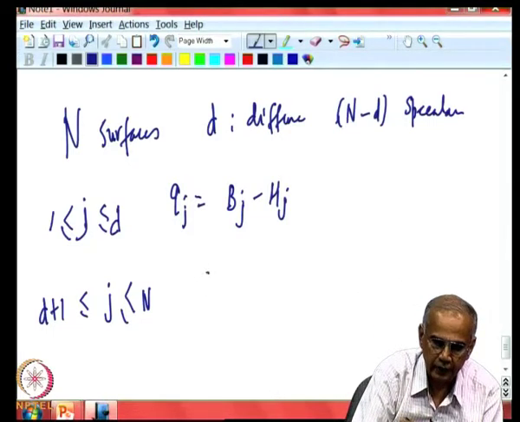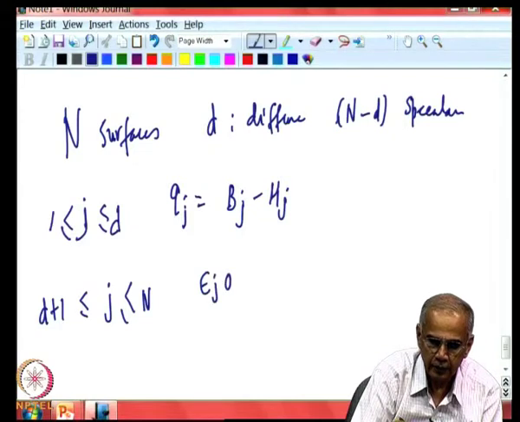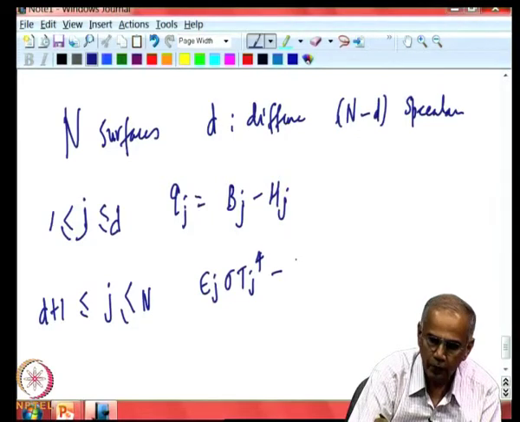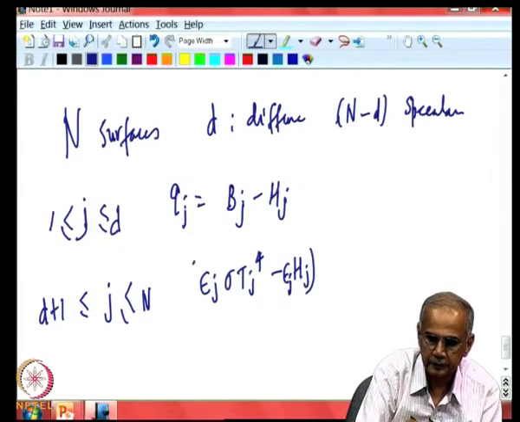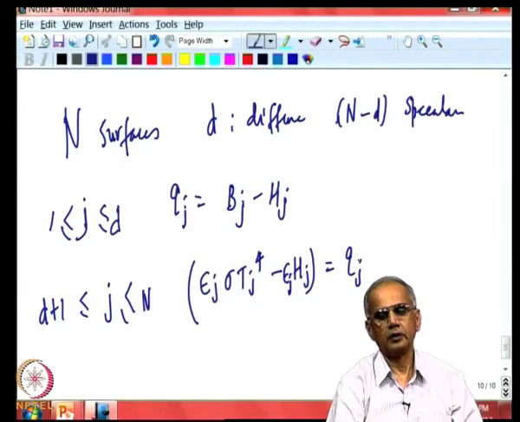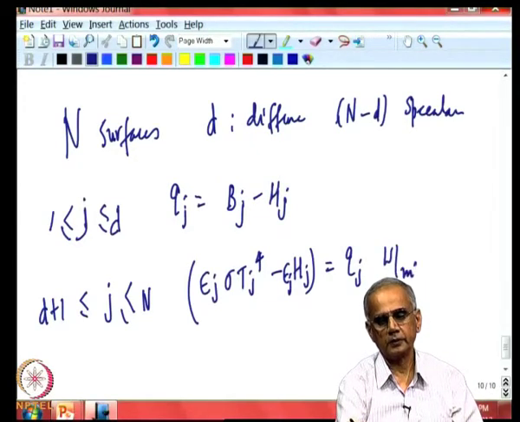You recognize the fact that radiation emitted by these surfaces is this much, minus what is coming in is this much and absorbed is this much, and this is equal to Qj. This is in watts per meter square, remember this is per unit area.